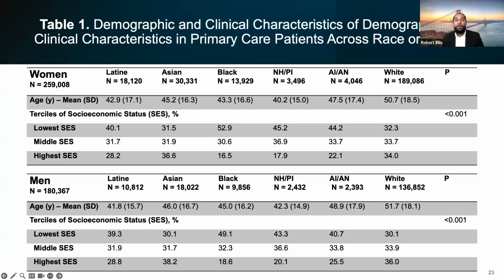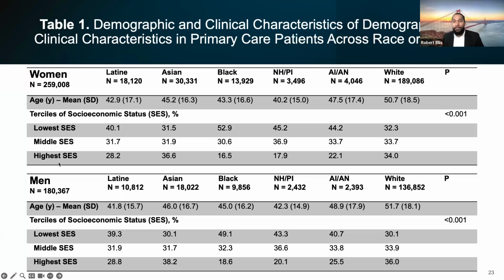And so here's our table 1 for AIM-1. And let me orient you to the table. At the top, we have racial and ethnic groups. And you also see that, again, it is stratified by women at the top and then men at the bottom.